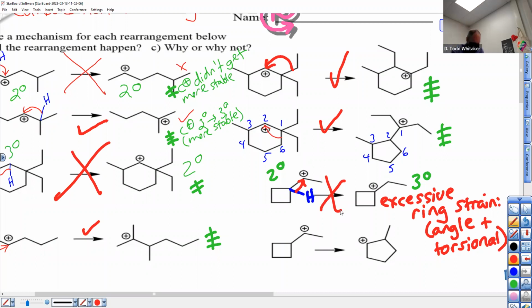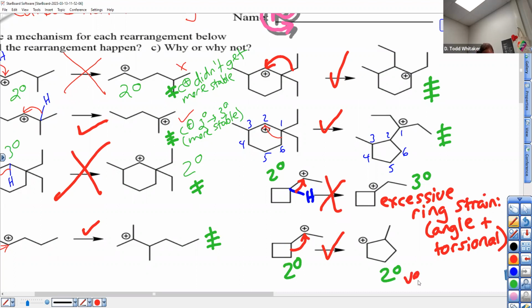straight. This one, even though it goes from secondary to secondary, is still a great improvement in molecular stability because you went from a cyclobutane to a cyclopentane. You got rid of almost all the ring strain.